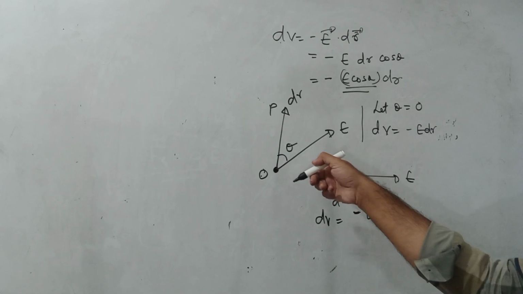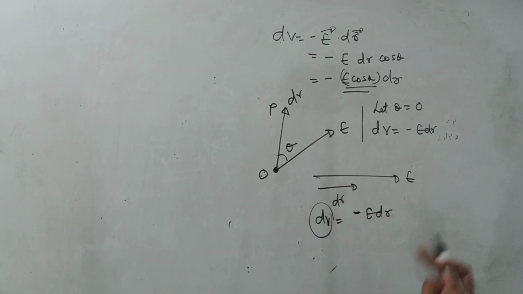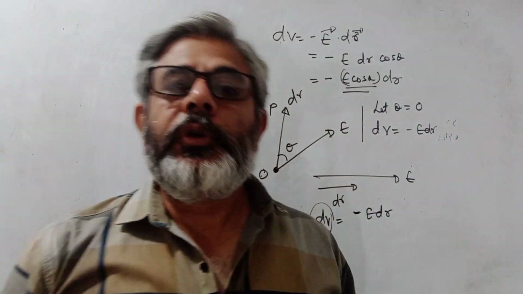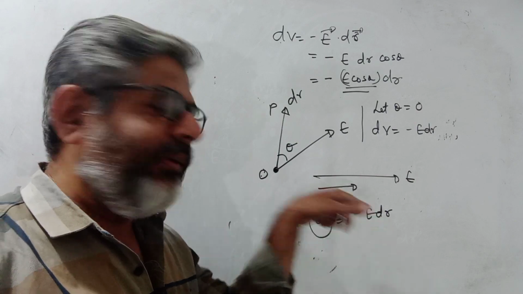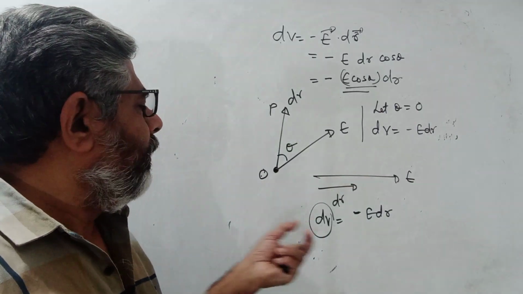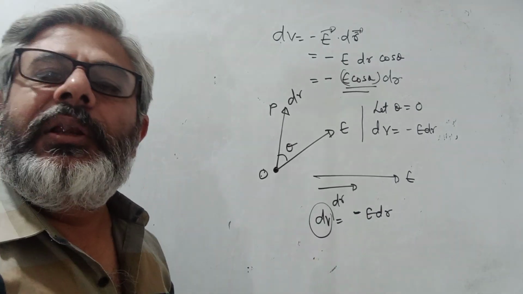So if you are moving in the direction of electric field, you can see that dV would be negative. So you should remember that if you are moving in the direction of electric field and multiply with the distance that you are moving, then you get the reducing potential, decreasing potential.